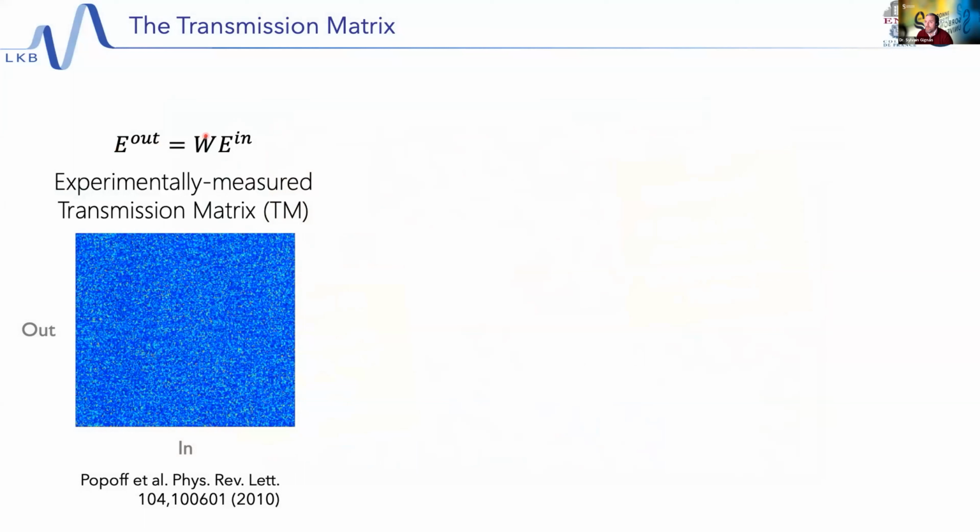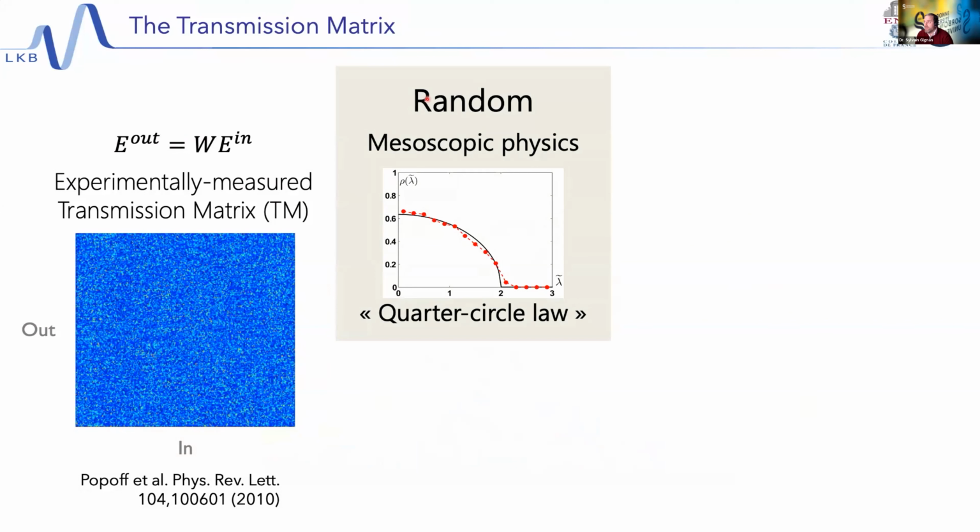The transmission matrix is essentially a random matrix. So this is an experimentally measured transmission matrix with input and output modes, as we measured in our early papers, and you can show that, guaranteed by the multiple scattering process, this matrix is a random matrix.